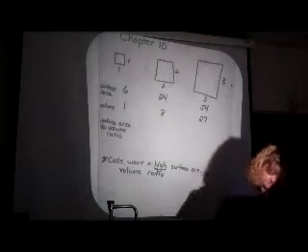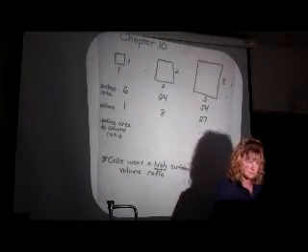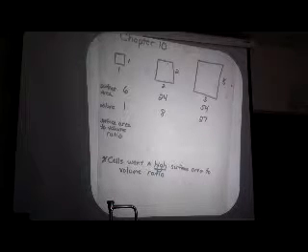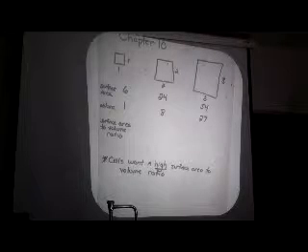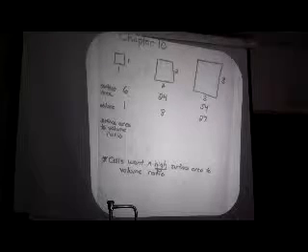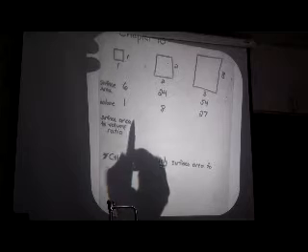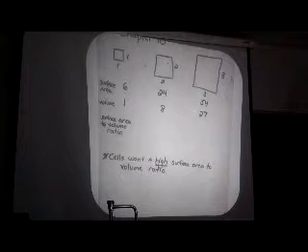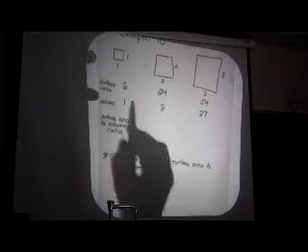In order to determine the best box, you have to be able to understand what a surface area to volume ratio is. This word ratio is just a fancy word for a comparison. Surface area to volume ratio. So I'm going to compare the surface area and the volume to each other, is what that's saying.